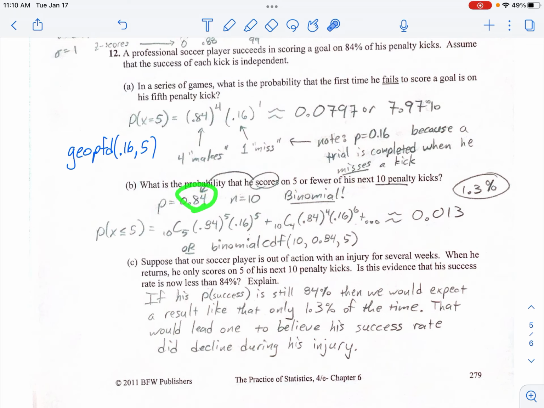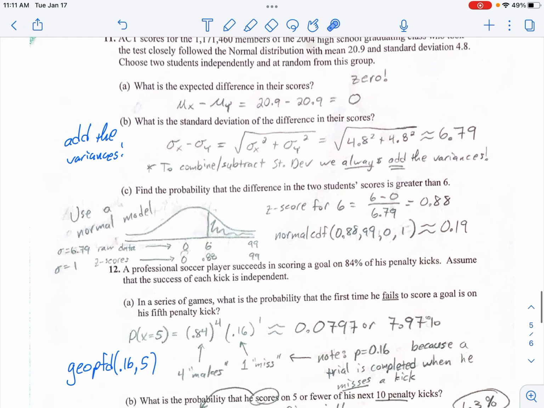And if he is an 84% shooter, this only happens 1% of the time, which makes me kind of think, well, maybe with being away on injury for so long, his success rate did decline, right? If his probability of success is still 84%, then we would expect a result like this only 1% of the time. That leads me to believe his success rate did go down when he was hurt. Oh, hey, look at that, we're done.